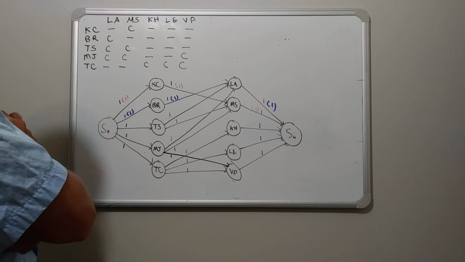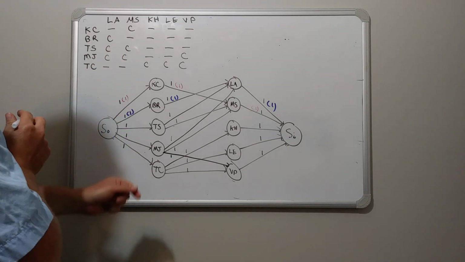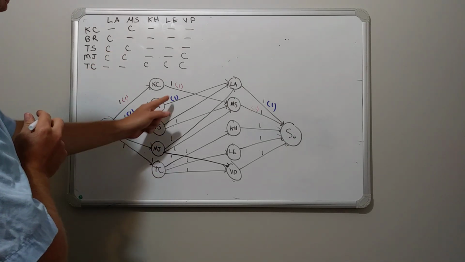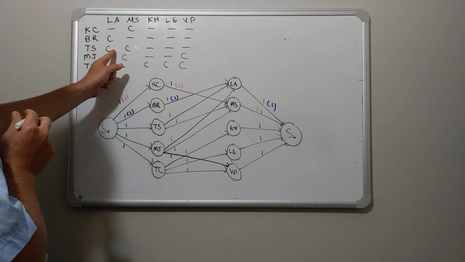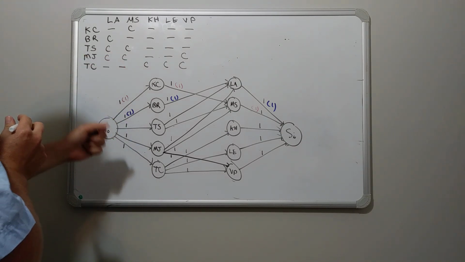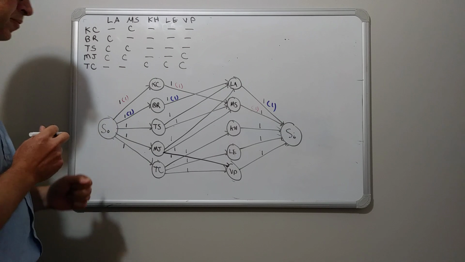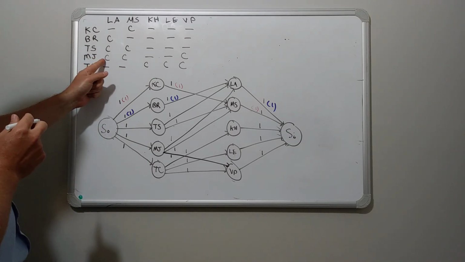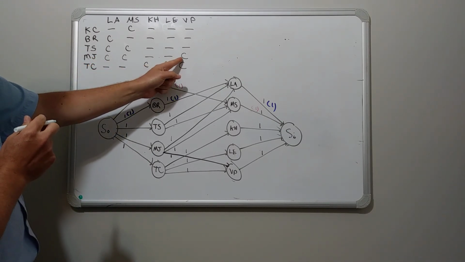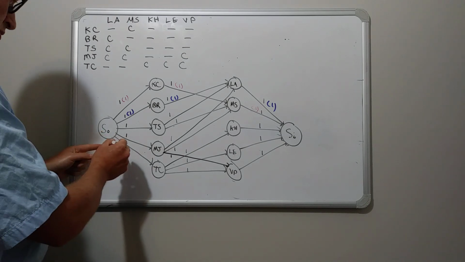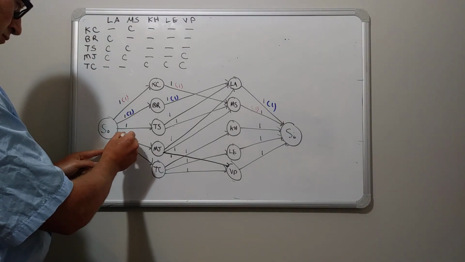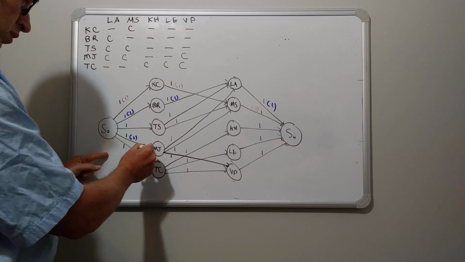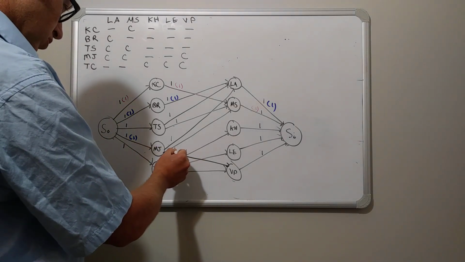TS has a choice of LA or MS. They're both taken, so it looks like TS is not going to be able to match with what we've chosen so far. All right, MJ. So MJ would have to go to VP, it looks like. So MJ will go along here.